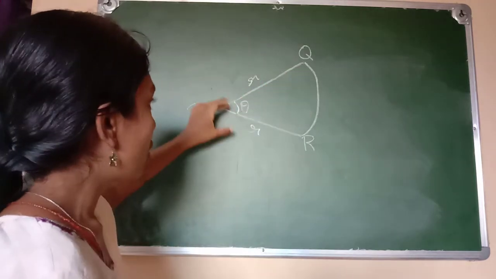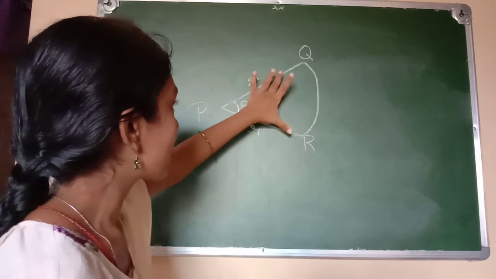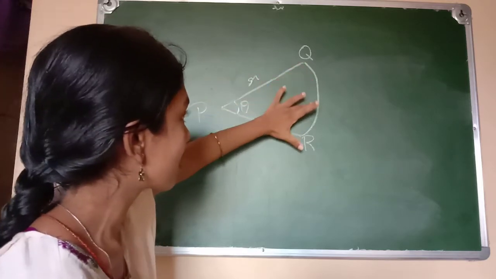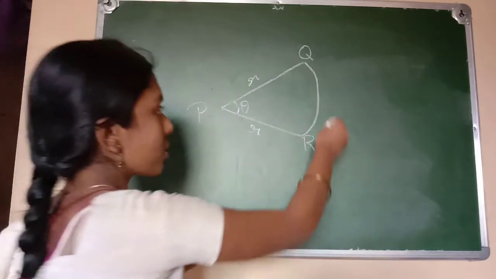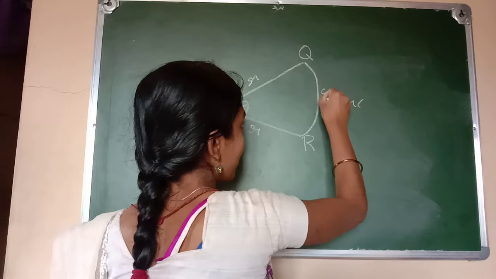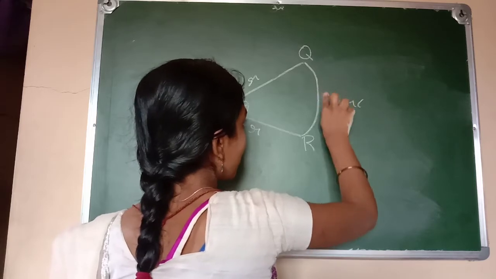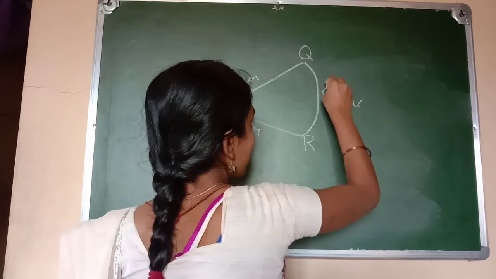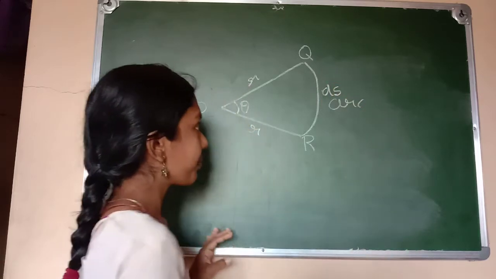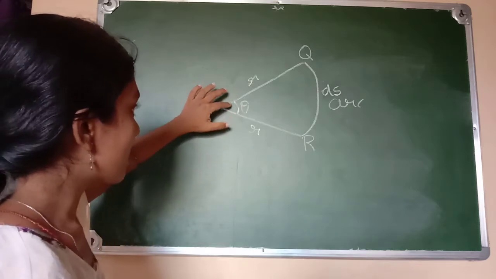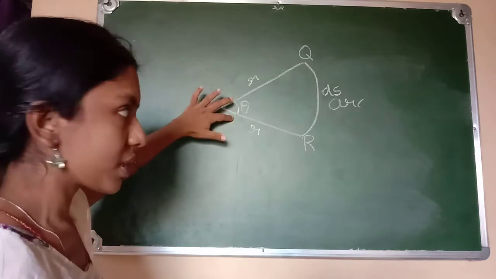And as you all know, the curved line which theta subtends is usually called an arc. Let us say this arc length to be ds. So this is the angle between the two radii of the circle.